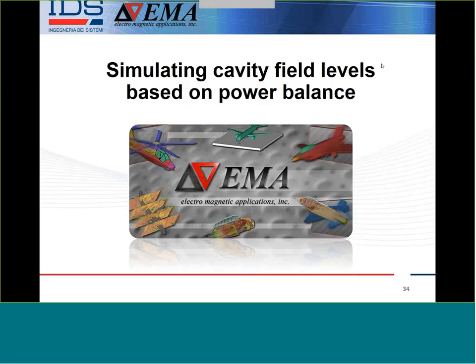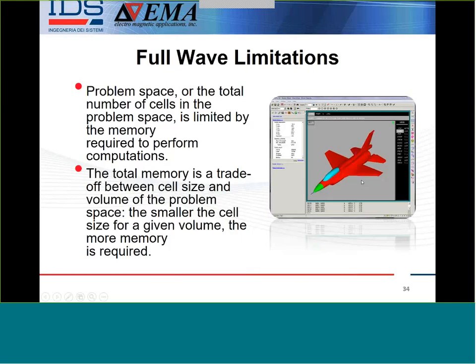We want something that can tell us using a statistical model, and really this feels like magic too, because how else do you do something like this? It's impossible to do, and suddenly you can do so much by thinking about the problem in a different way. For full wave simulation, we're limited by the number of cells in the problem space, and so that limits our memory or computational power.